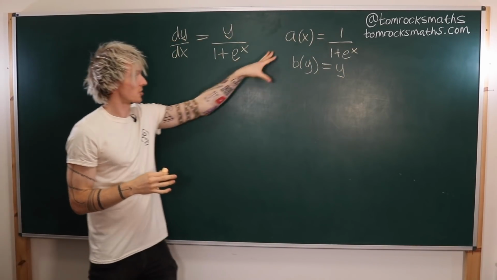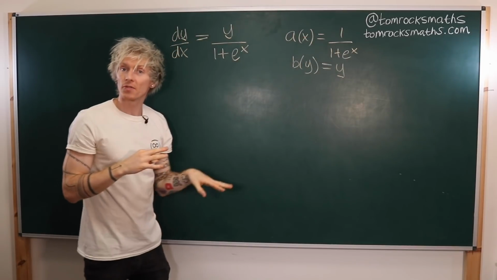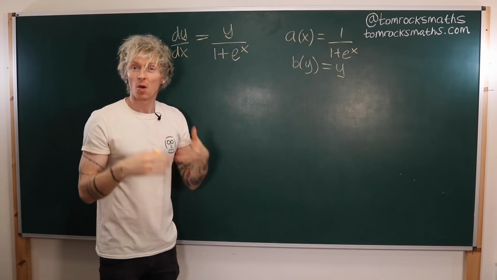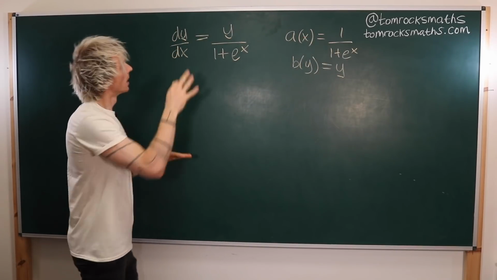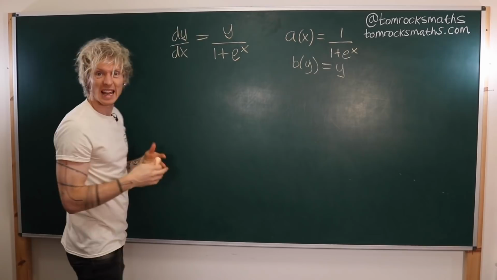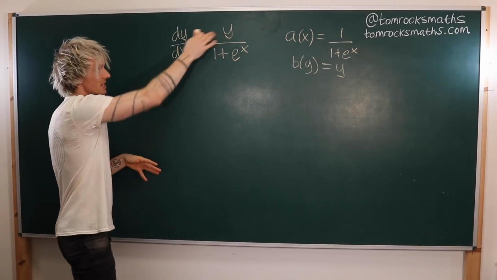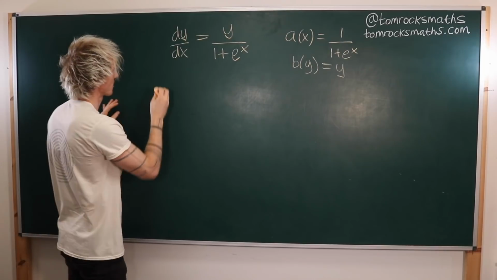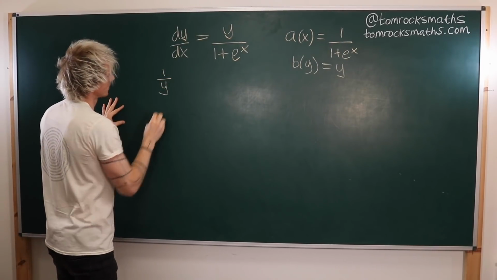So we could now just plug these into our formula and then integrate, or as I prefer to do it, I just think about taking all of the y terms over to the left-hand side. Here we have to divide both sides by y, so I get 1 over y.